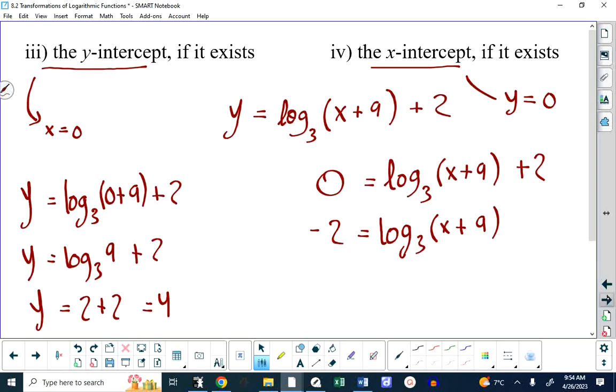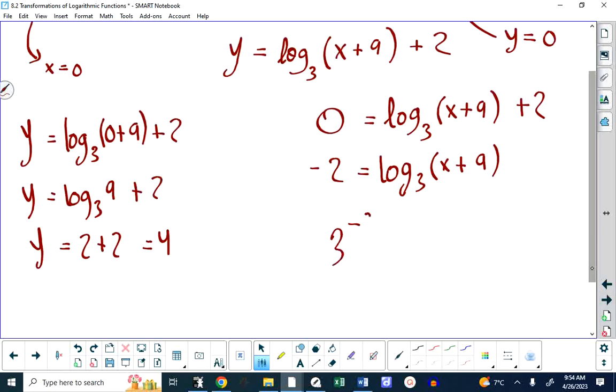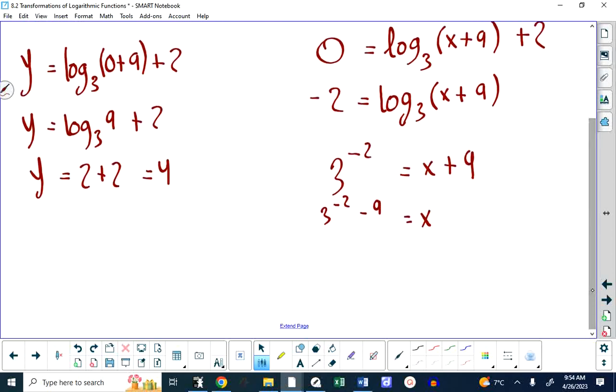And we're going to get 3 to the -2 equals x plus 9. And that means x is equal to 3 to the -2 minus 9, which is 1/9 minus 9. I mean, you can grab your calculator here. Do that for me. Grab your calculator and get negative, I want to say, -80 ninths.